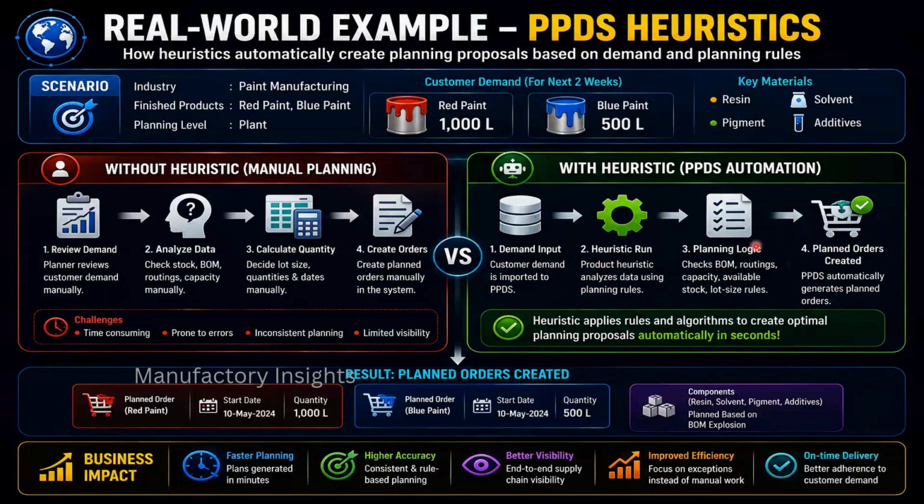If scheduling heuristics are also used, the system can sequence similar colors together to reduce cleaning and setup time. This improves efficiency while reducing production cost. This is a practical example of how heuristics support daily manufacturing operations.